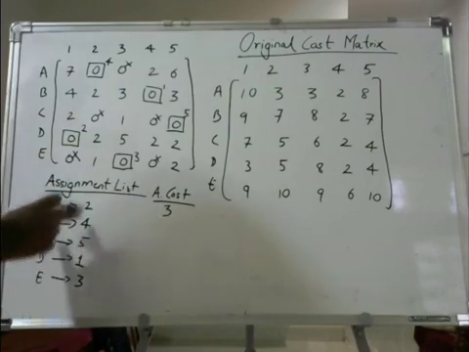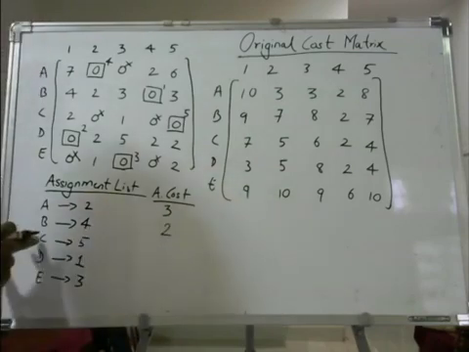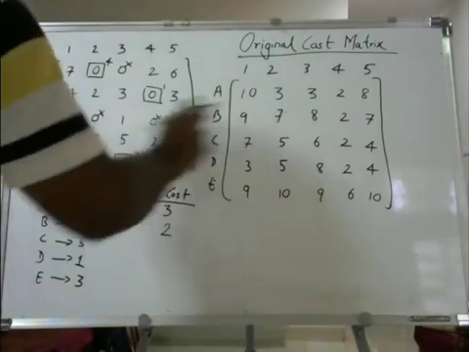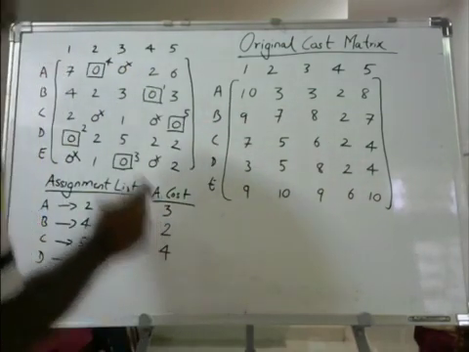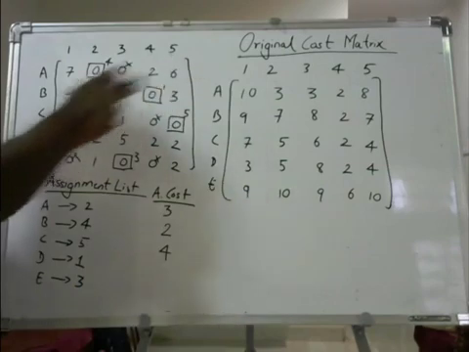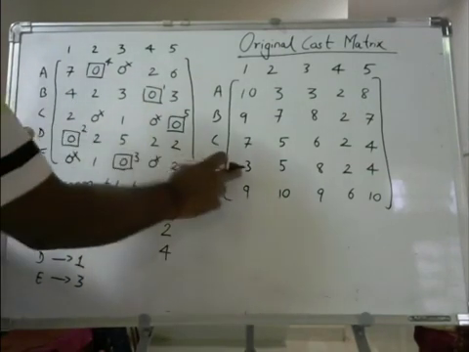For B to do the fourth job, the cost is 2. For C to do the fifth job, the cost is 4. So you have to basically refer back to the original matrix where the box remains. So for D, first job, the cost is 3.